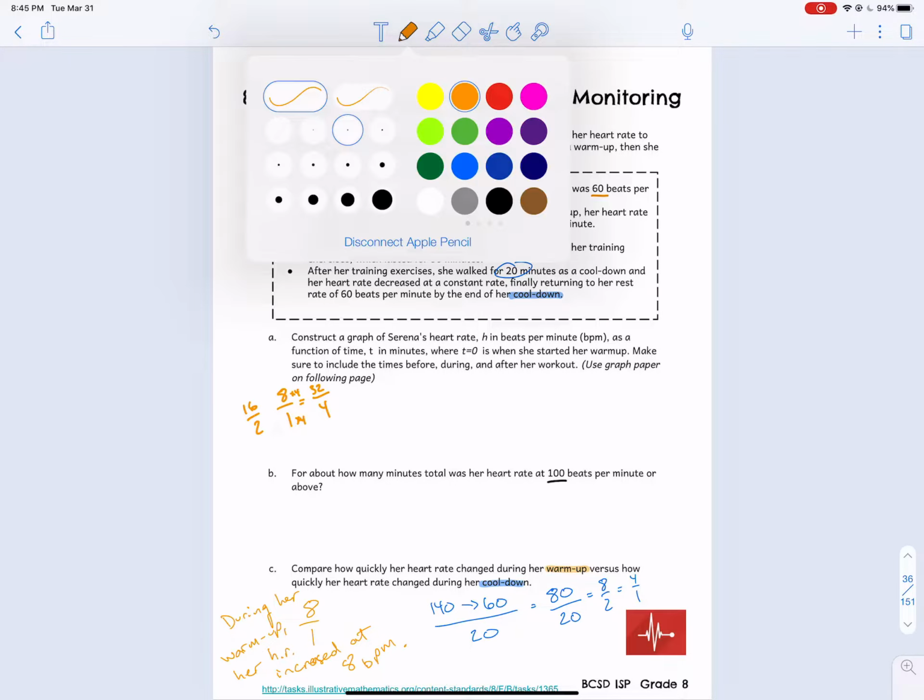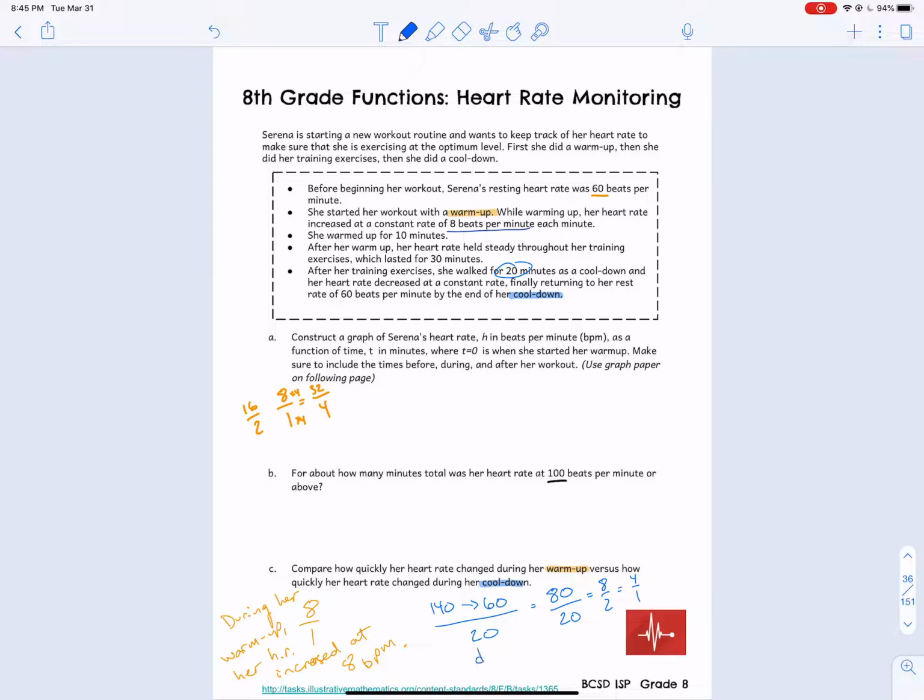And then during the cool down, her heart rate decreased slower, at only 4 beats per minute, right?